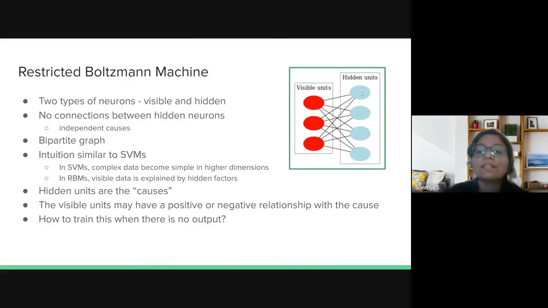We are saying that the reasons that we are trying to discover have no correlation. Now, these are the causes for this data to behave a certain way.